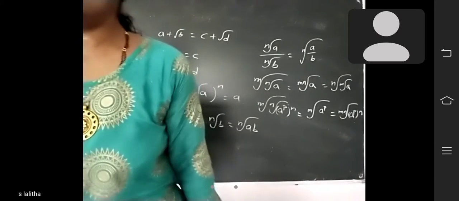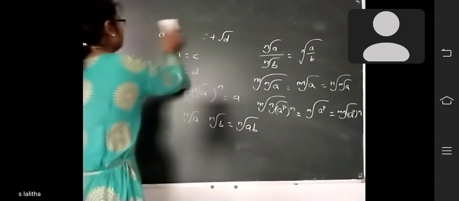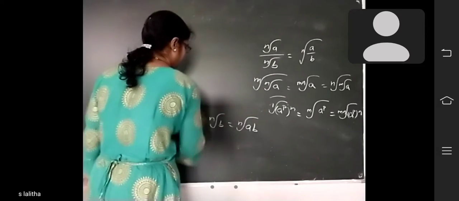Binomial surd means two terms are there. A plus root b has two terms, so this is a binomial surd.